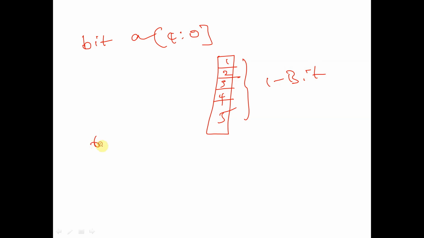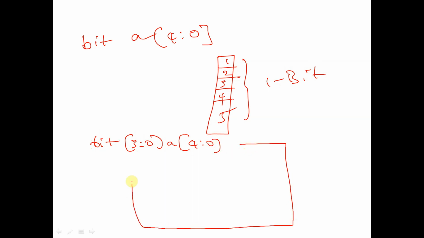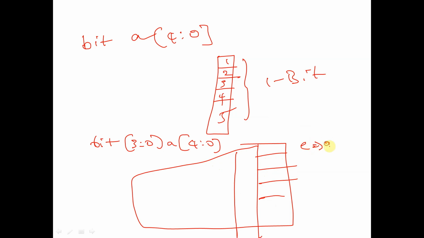Whereas if we declare bit 3 down to 0, a of 4 down to 0, we have 5 locations: 1, 2, 3, 4, 5, and each location is 3 bits in size. Each location is of 3 bits, and we have 5 locations.